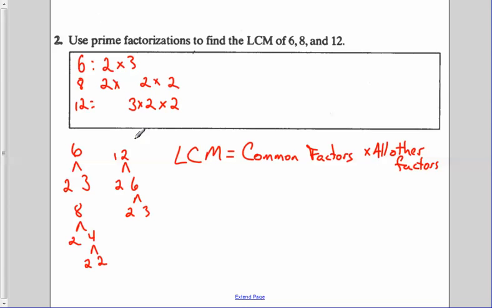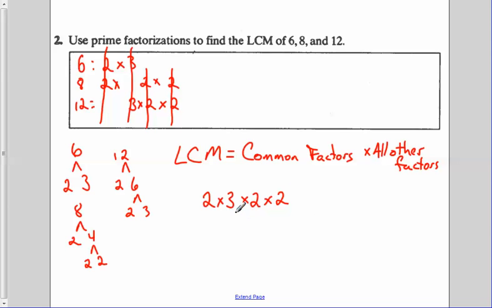So our common factors, I have 2, they have those in common. 6 and 12 share a 3 in common. And 8 and 12 share these 2 and these 2's. So I could say 2 times 3 times 2 times 2.